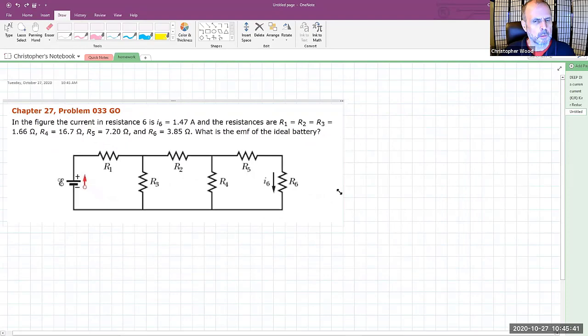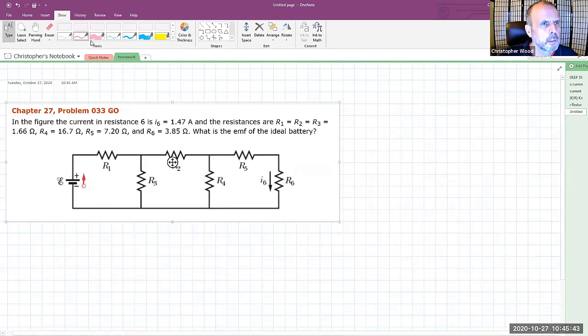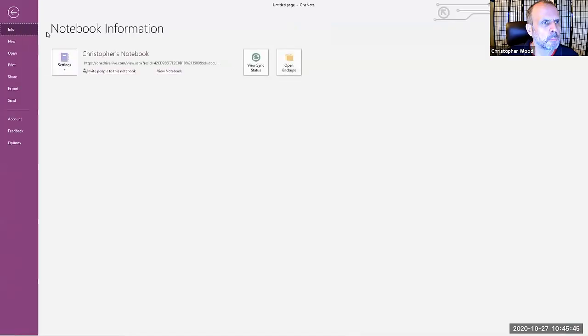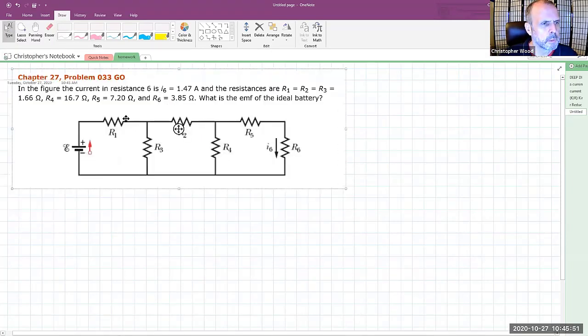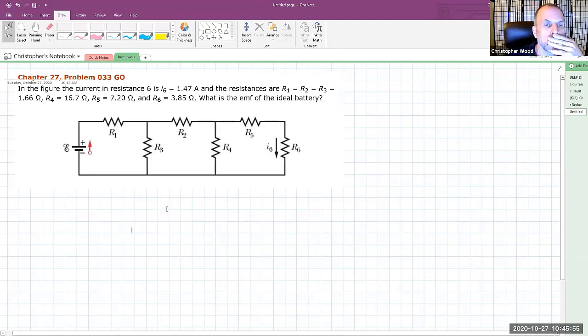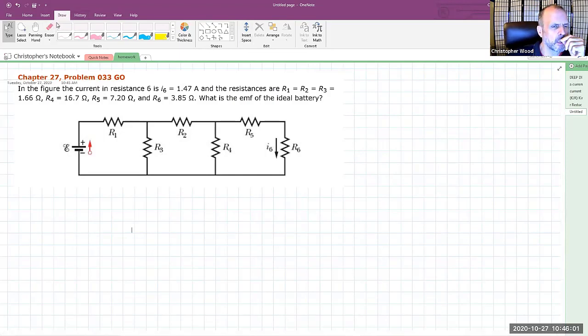Okay, all right, here we go. The problem says, if we know everything that's given to us, what's the EMF of this battery? So let's start there.